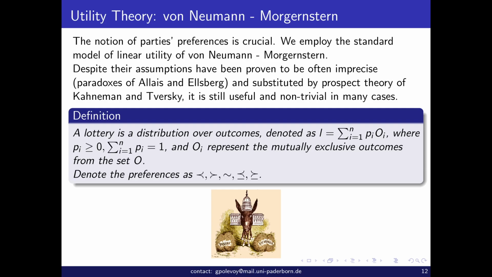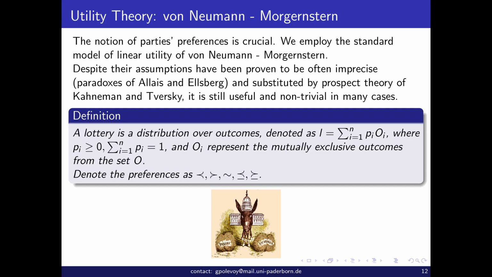So let us now see a bit what it is. A lottery, because people often choose between random options, not only deterministic ones, is going to be a basic object between which people choose.